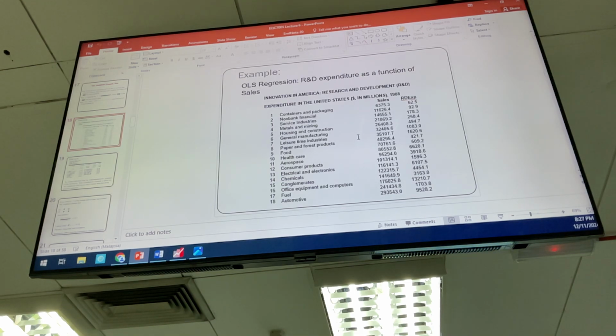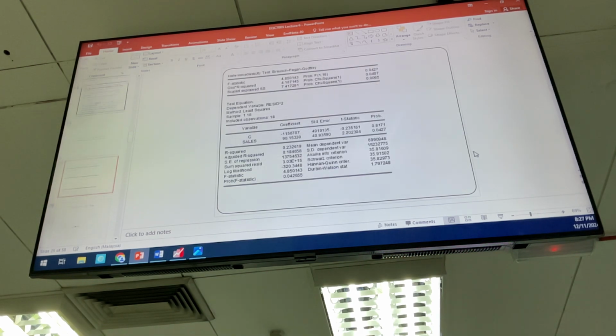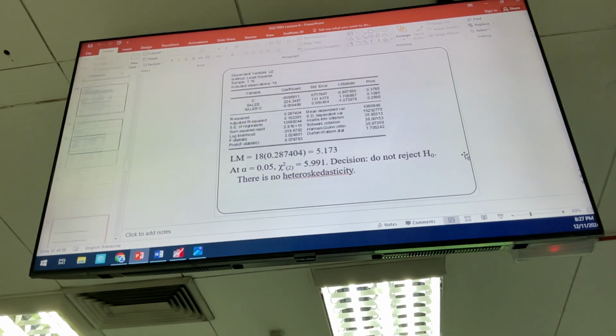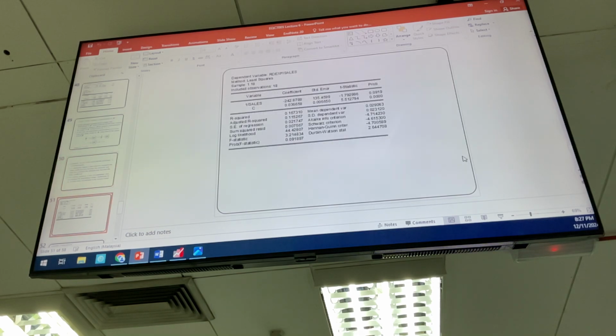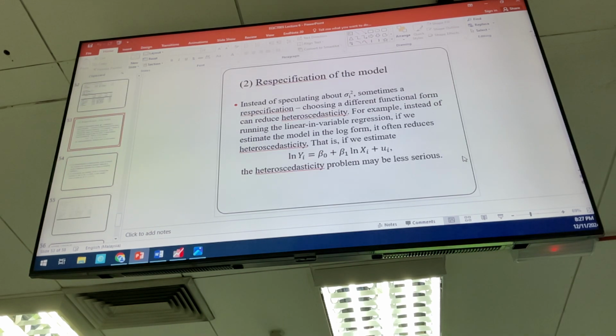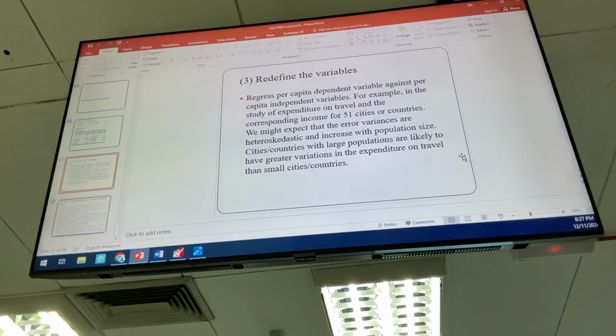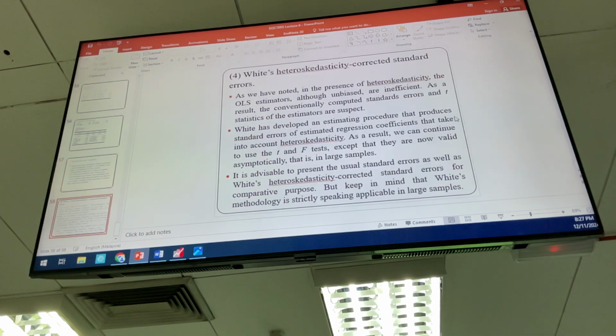A larger company has larger sales and R&D expenditures compared to smaller companies. So if you have this kind of data, use and regress per capita against the per capita of the other independent variable.